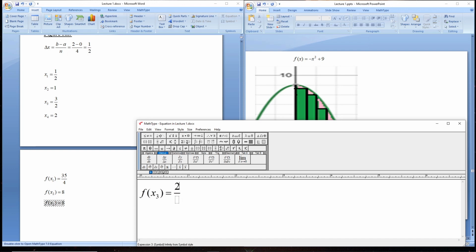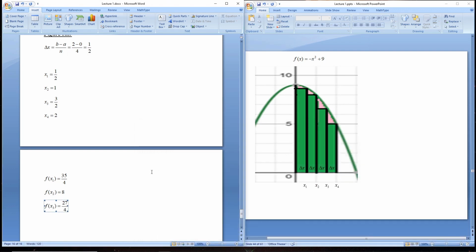So our final fraction here would be 27 fourths. 27 fourths is the height of the third rectangle. So finally, to get the height of the fourth rectangle, we plug in x sub 4.